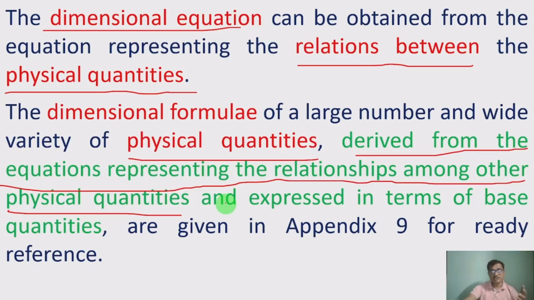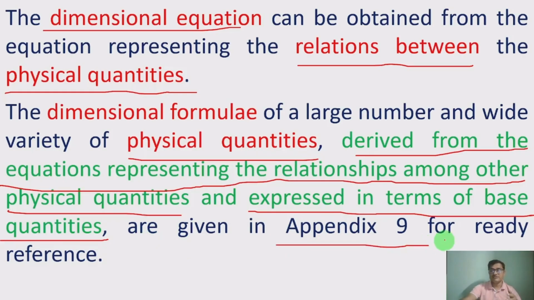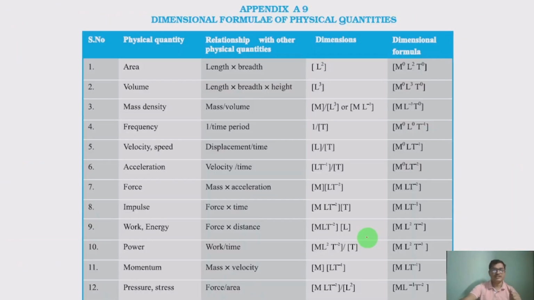By taking those relations, we can express the dimensions and later the dimensional equations, in terms of the base quantities. Whatever dimensional equations we get are in the form of base quantities only, and these are given in Appendix A9 of the ready reference book from the NCERT.